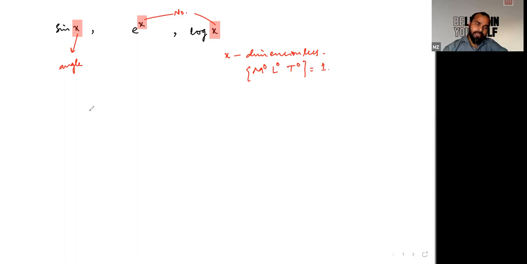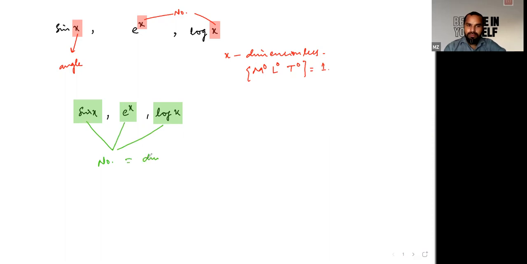Now, what are we left with? Sin x, e raised to the power x, and log of x, this whole part. The sine of that particular angle, e of that particular number, and log of that particular number will give you nothing but a numerical value, which is also a dimensionless quantity.